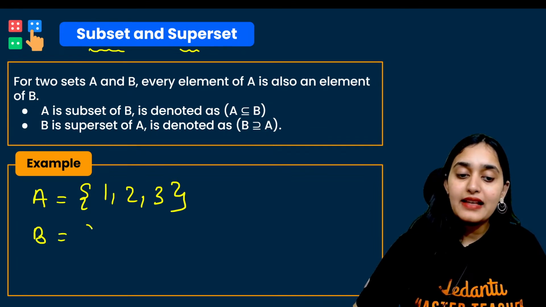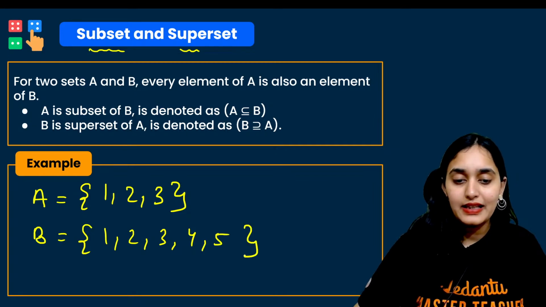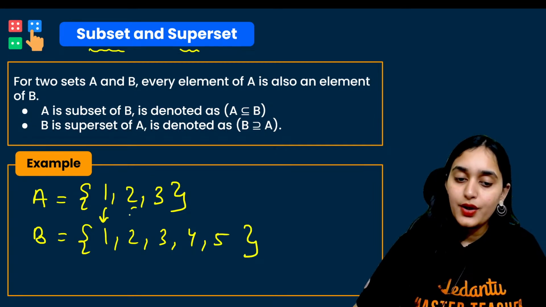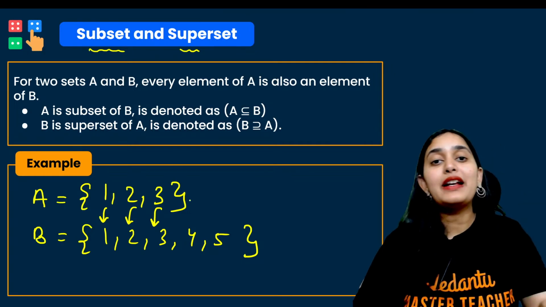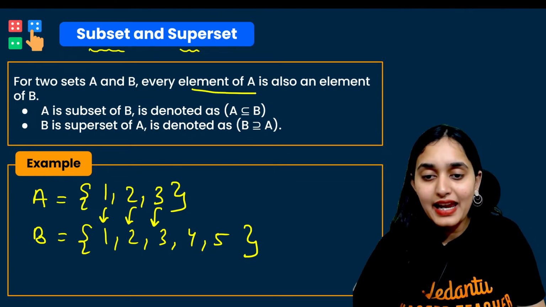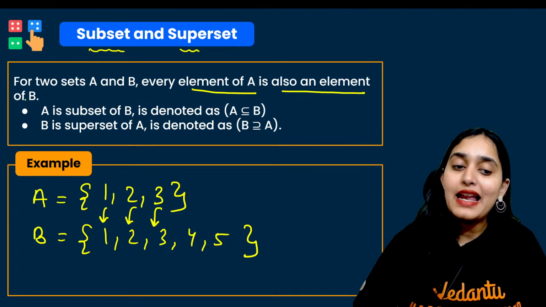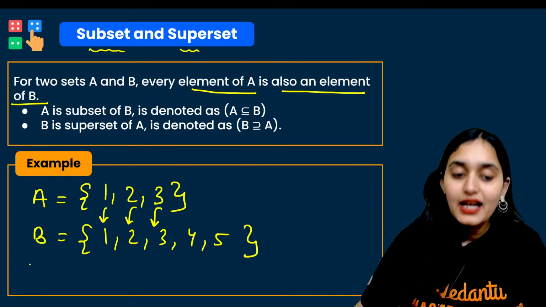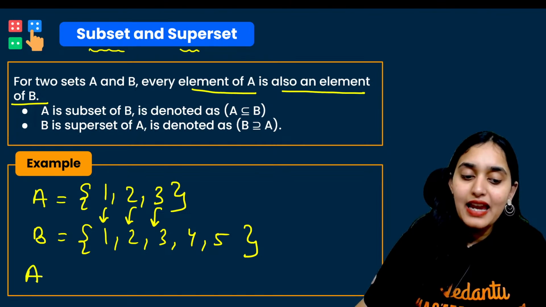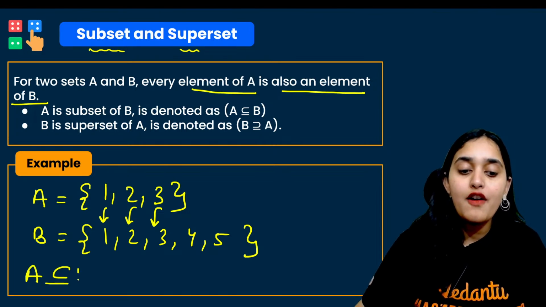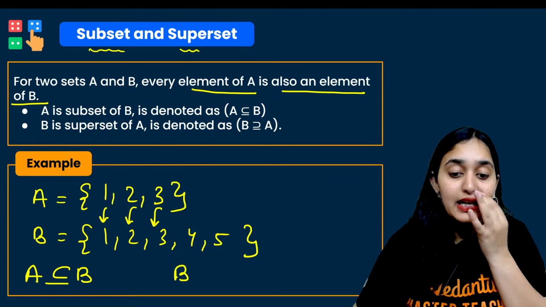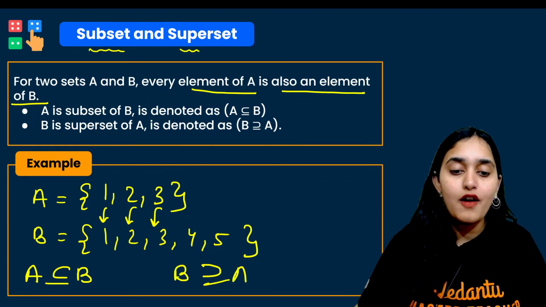Set B has elements 1, 2, 3, 4, 5. 1 is here, 2 is also here, 3 is also here. So every element of A is also an element of B.